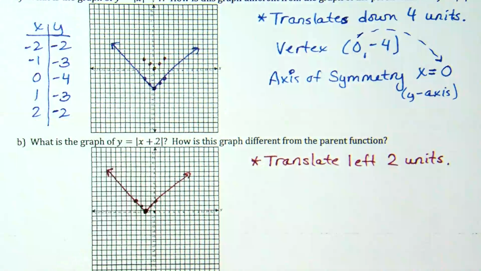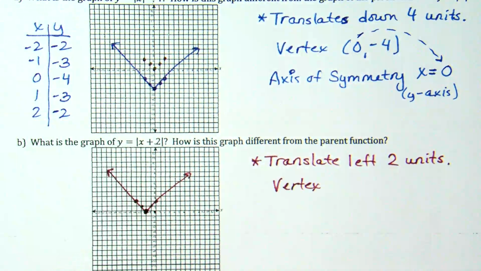So, okay. Let's talk vertex. Where is my vertex on this V? Zero, negative 2. 2, 0. Negative 2, 0. Okay, I heard both. -2, 0, because you have to go left 2 and then up or down 0.